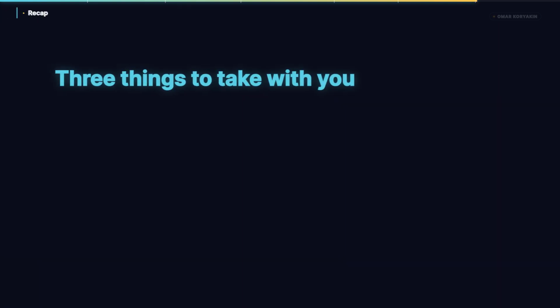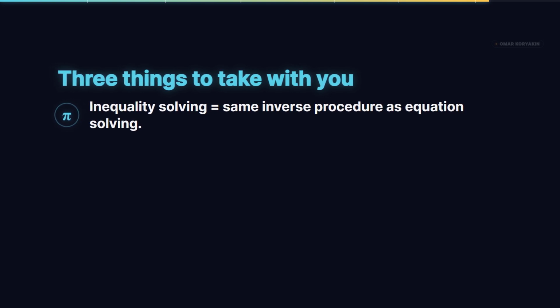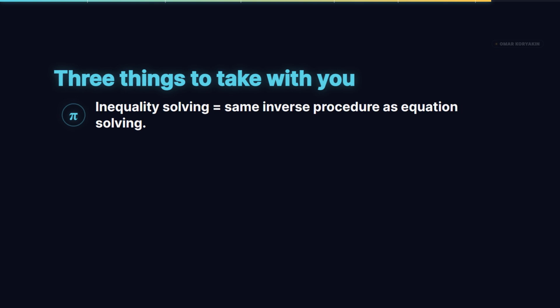3 things to take with you from this lesson today. Linear inequalities are even more common than linear equations in real-world applied work, and the small extension of the equation solving procedure that we covered today scales the entire Section 3 toolkit into the inequality world without any other modification. First, inequality solving uses exactly the same inverse operation procedure as equation solving across the previous 4 lessons.